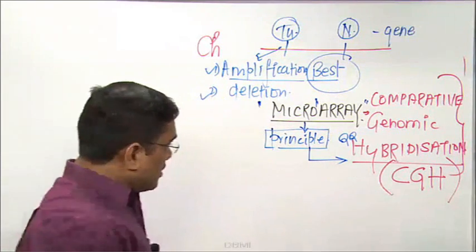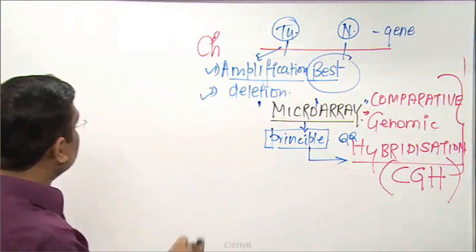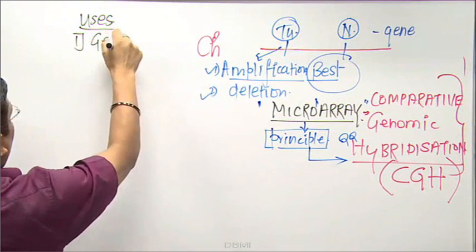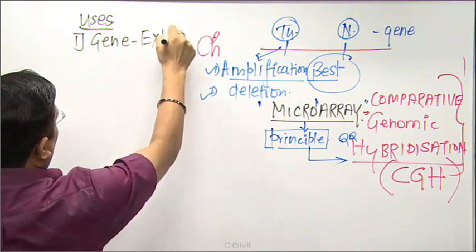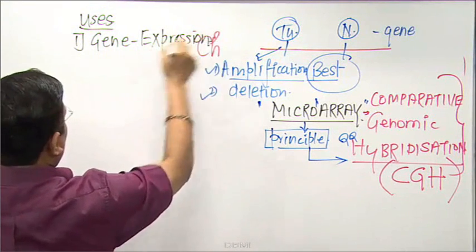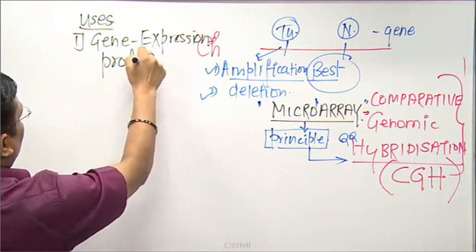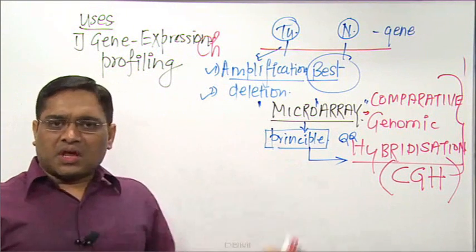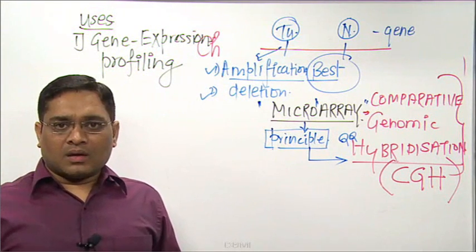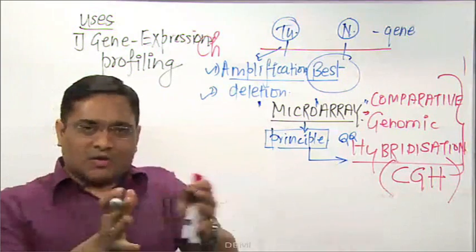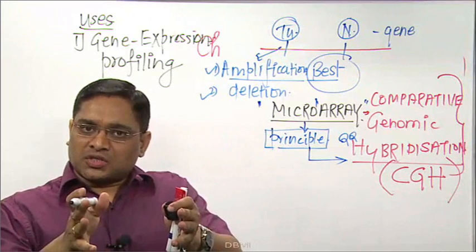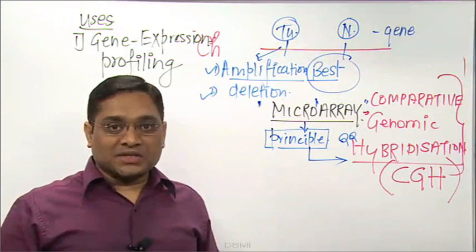Number 1, uses of microarray analysis, I am writing here: gene expression profiling. What is this gene expression profiling? We are making separate groups on the basis of genotypic variations.